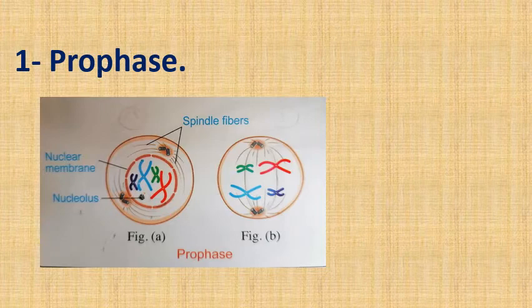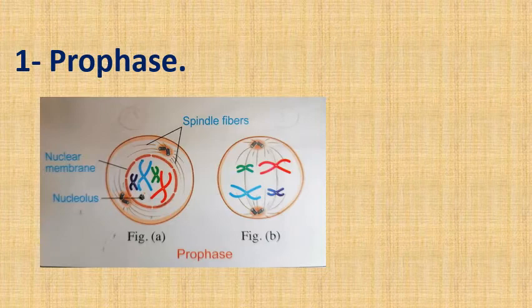At the beginning of prophase, in left figure A, you can see that the chromatin reticulum, which is found in interphase, will condense and form long, thin, double-strength chromosome.